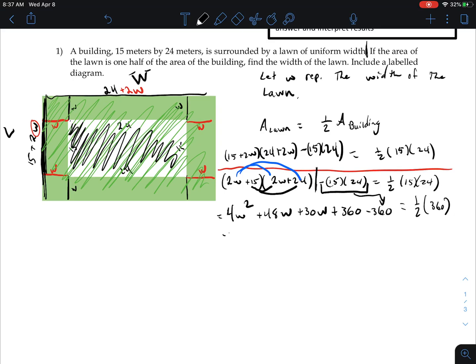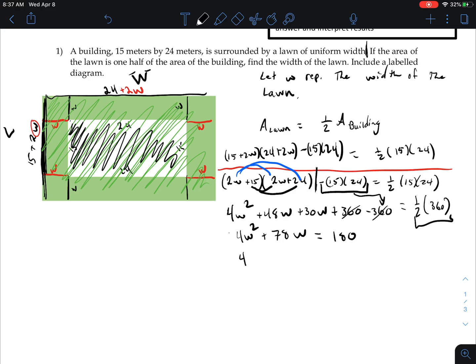Okay, so I'm just going to clean this up now by collecting like terms. So I'm going to get 4w squared, and 48w plus 30w should be plus 78w. 360 minus 360 is going to be 0, so these two 360s are going to cancel each other out, and you're going to be left with 1/2 of 360 on the right side, so 180.